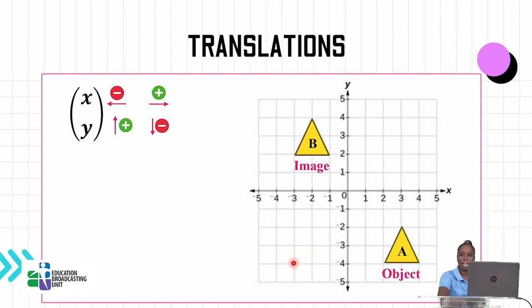So that traveled 5 places left, and 1, 2, 3, 4, 5, 6 places upwards. Therefore, that translation, if we were to describe it as a position vector, would be written as negative 5, 6, because the triangle would have traveled 5 places left and 6 places upward.